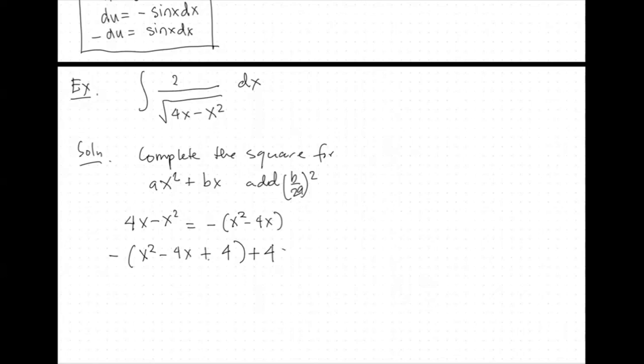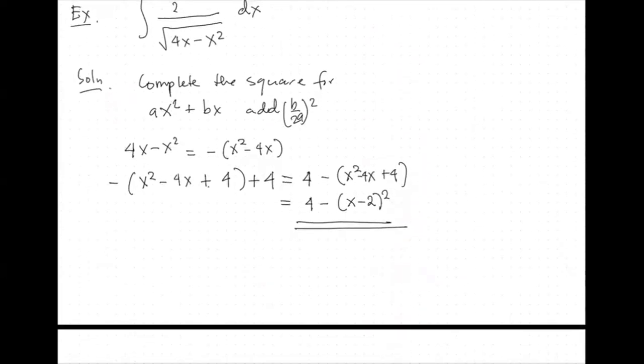So now we can write this as 4 minus x squared minus 4x plus 4, or this is just 4 minus, this is x minus 2 squared. So this is now your denominator.